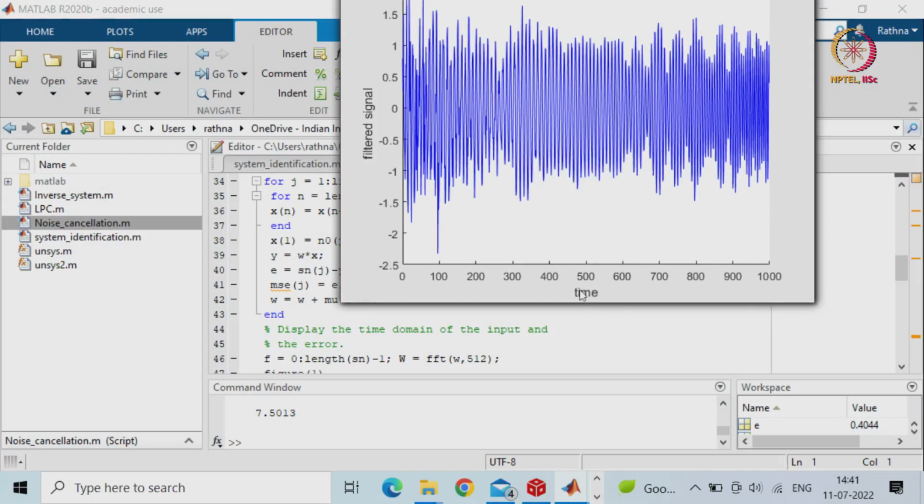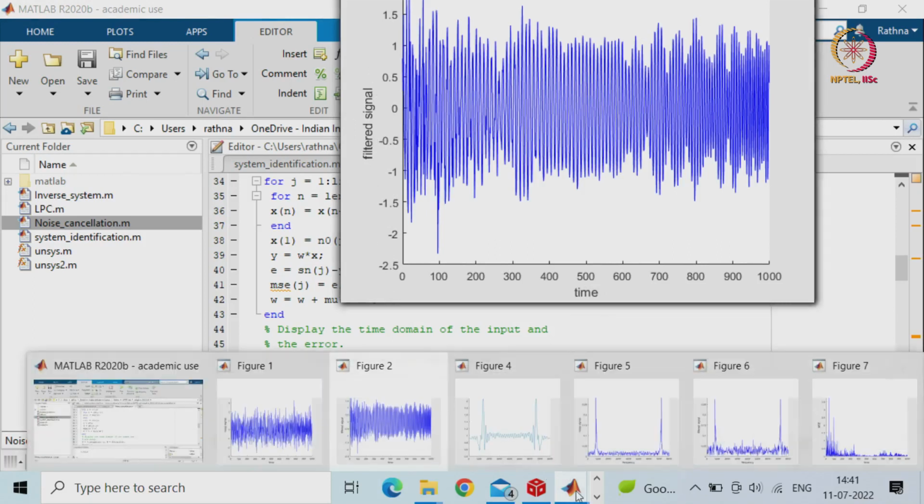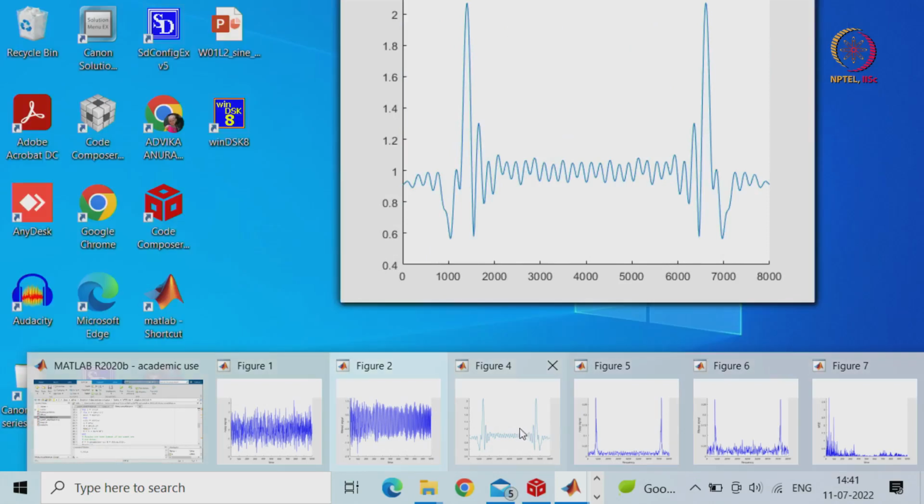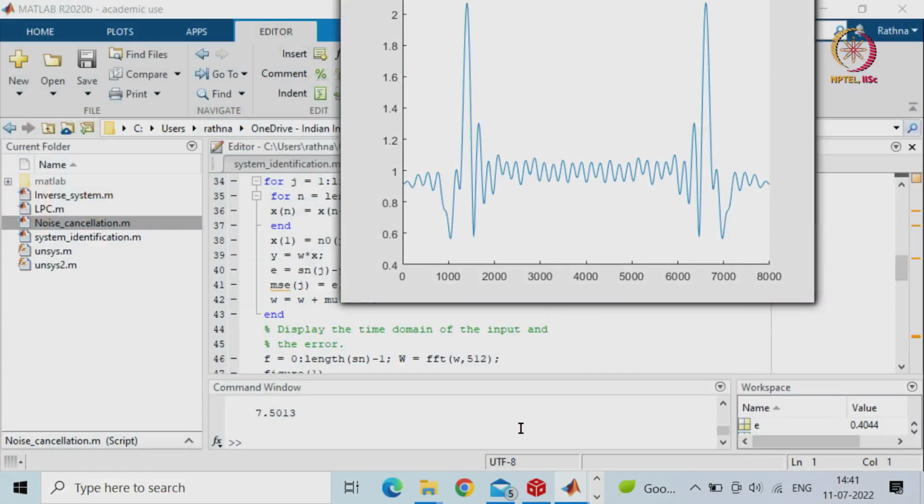This is a time domain. How does the filtered signal look in the time domain? The next one we have is figure 4, which shows the sine wave that was generated along with the noise.